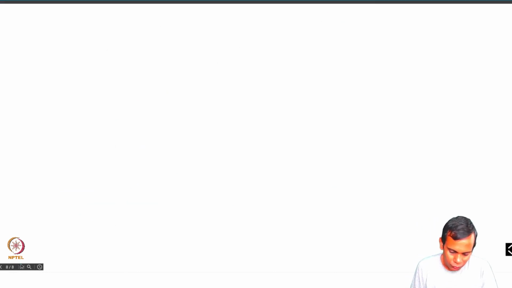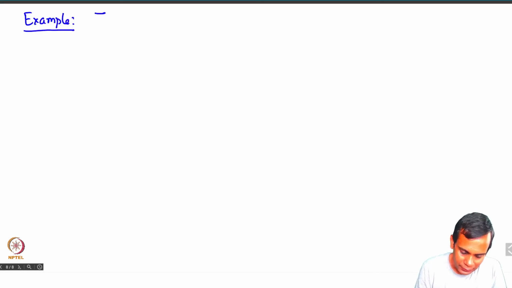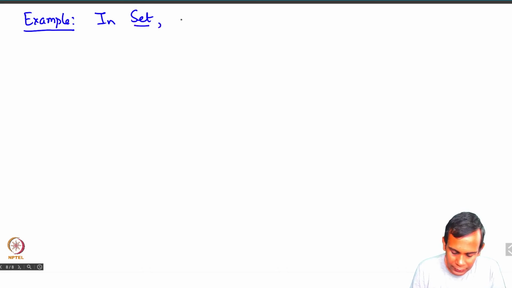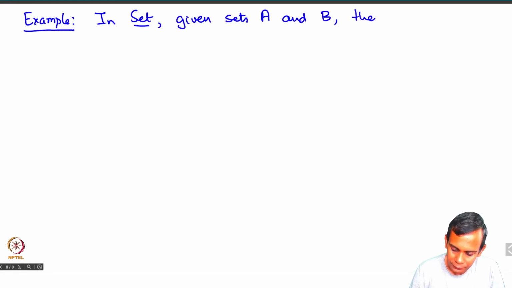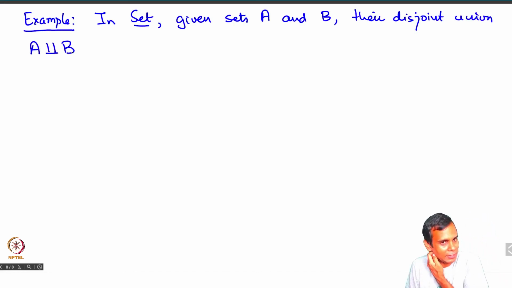Let me give you an example of coproducts. Pretty much everything in category theory, we try to see what happens with the category of sets. So in the category of sets, given sets A and B, their disjoint union, A disjoint union B. That means you take A and B, and even if you have common elements in these sets, you treat them as different elements.